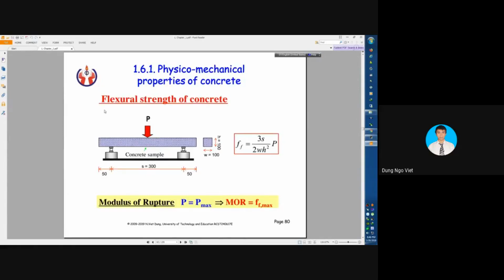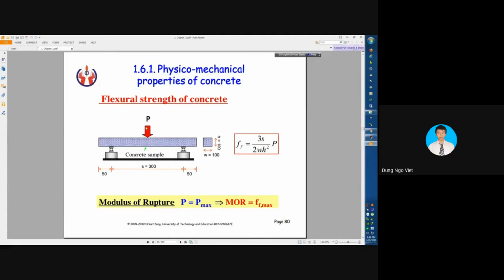And here is the flexural strength of concrete. To estimate the flexural strength of concrete, this is the experiment, and this is the concrete sample beam with load P perpendicular to it.